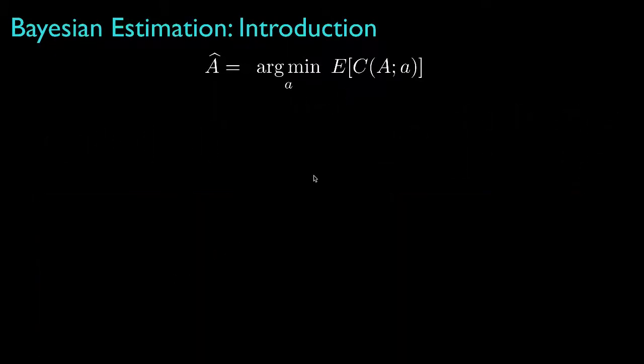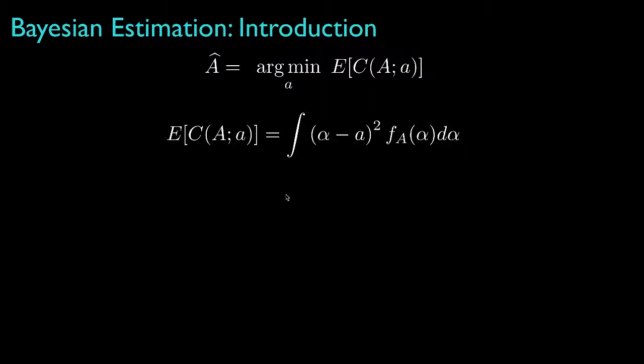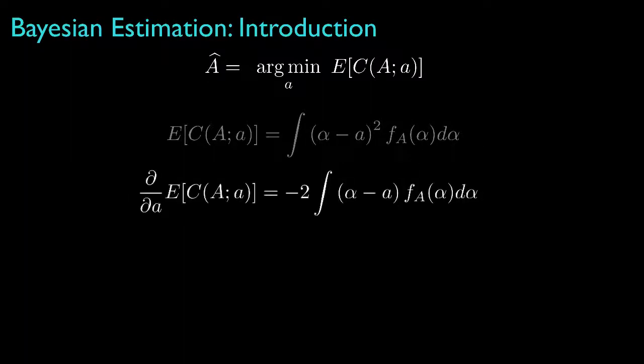Now, because we've set up the cost function so that large costs are bad, one way to select the estimate is to minimize the expected value for the cost. That is, we want to make our estimate of the parameter A in a way that makes the average cost the smallest. For the special case of the squared error cost, this expected value looks like this, which we can differentiate with respect to the lowercase a, the value that we're searching over for the optimal solution, which gives us an expression we can set to 0 to find the value that sets that derivative to 0 and minimizes the expected cost.